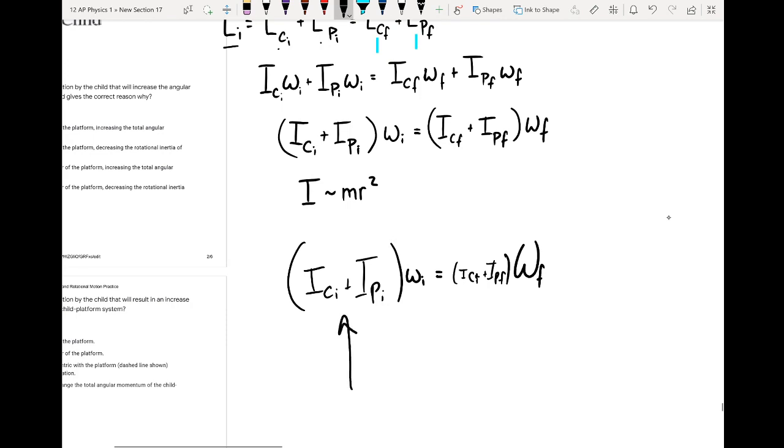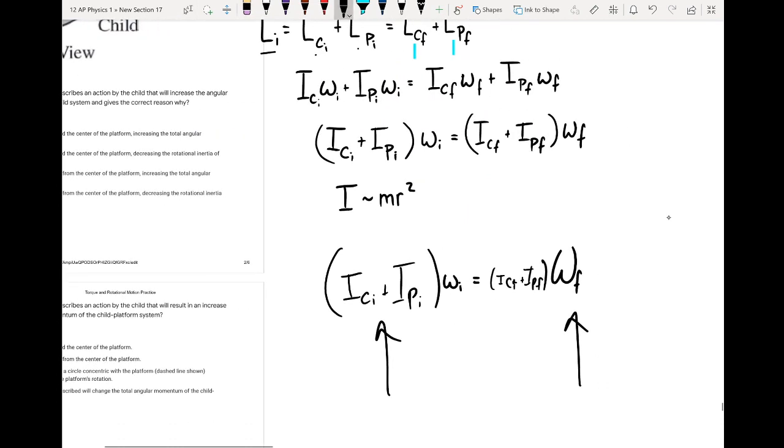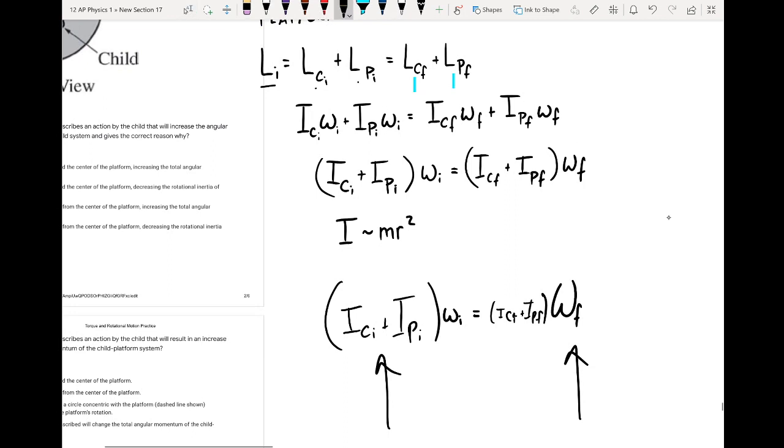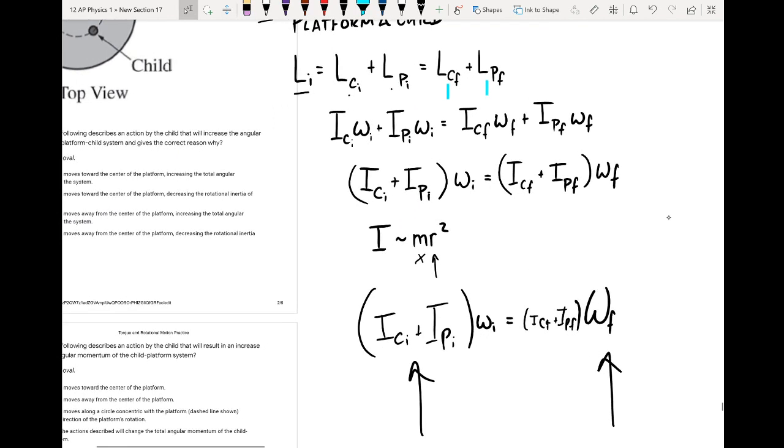So this is bigger in the beginning so that omega can be larger at the end. All we have to do is decrease the moment of inertia, going from big to little. The moment of inertia is related to the mass times the distance from the pivot point squared. We're not going to change the mass of our child or the platform, but if we can change r, then we'll be good to go.